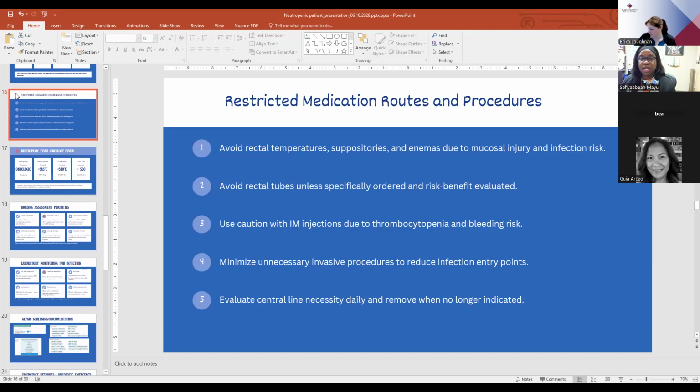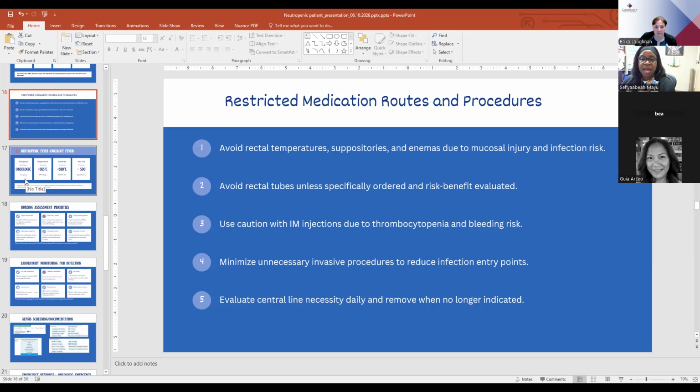Restricted medication routes and procedures. Again, I only highlighted a few here, but I'm open to suggestions. We talked about avoiding rectal temperatures, suppositories, enemas, and rectal tubes unless specifically ordered, and using caution with IM injections, especially if this patient has thrombocytopenia and bleeding risk.